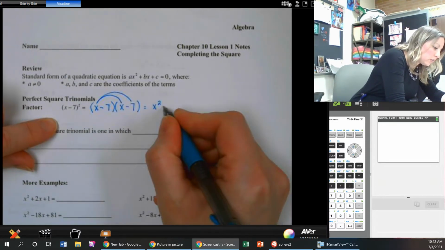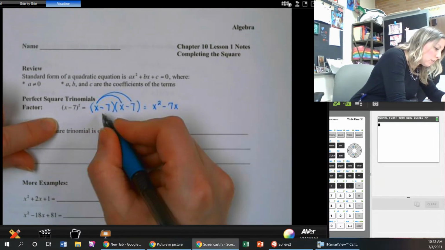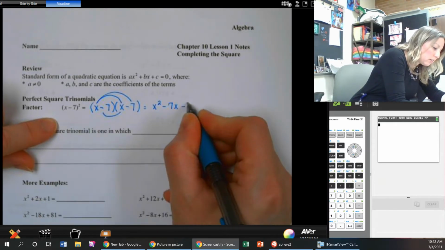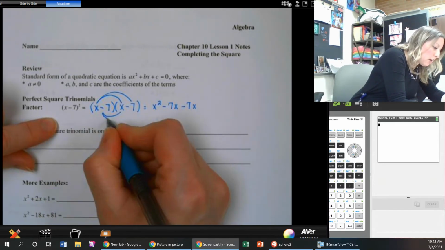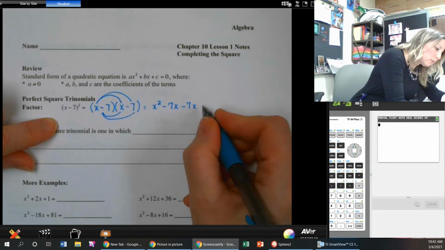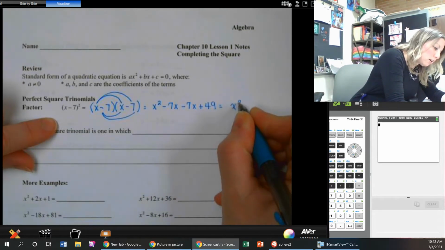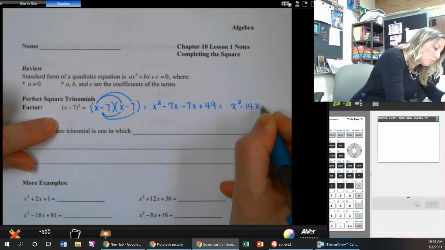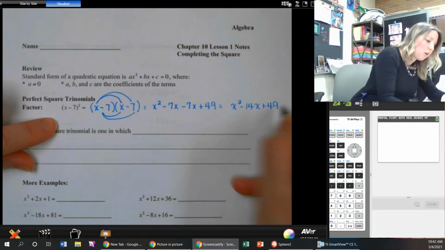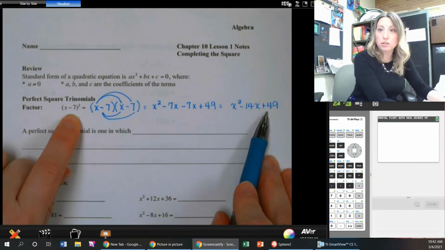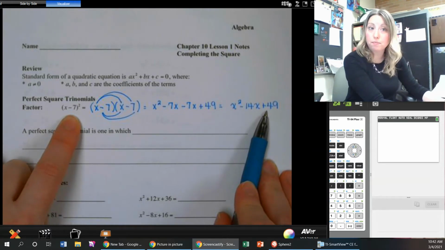X times negative 7 is negative 7x. Negative 7 times x is another negative 7x, and negative 7 times negative 7 is a positive 49 at the end, which means that x squared minus 14x plus 49 is the trinomial that results from this binomial times itself.